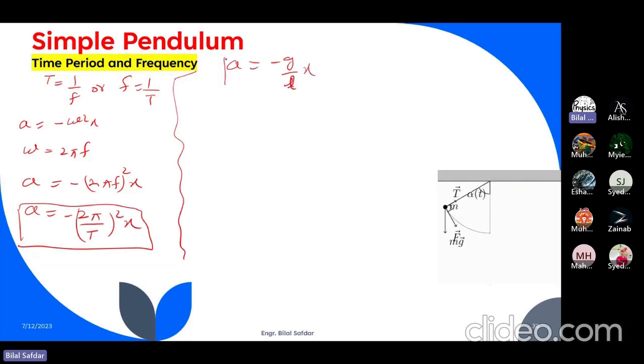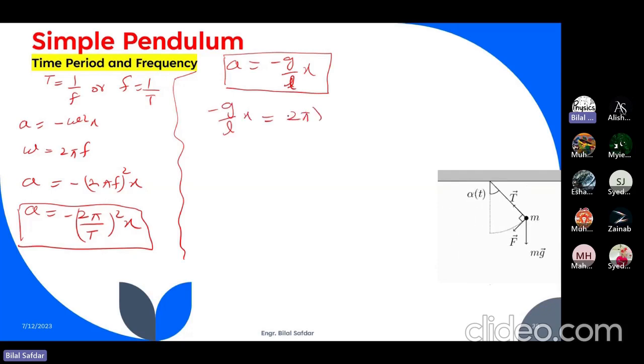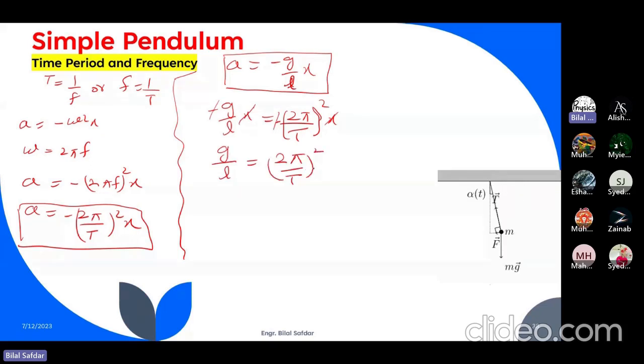We have to compare these two equations. Minus g over L into x is equal to minus 2 pi divided by T whole square into x. x is cancelled on both sides, and the minus is also cancelled. We get g over L equal to 2 pi divided by T whole square.